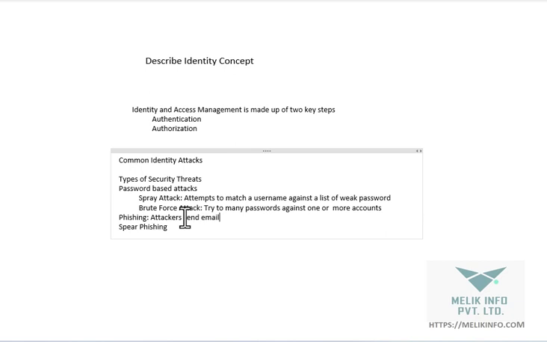If we talk about spear phishing, it is also a type of phishing. Here the attackers or the hackers build a database of information about the users, and then they craft credible emails.